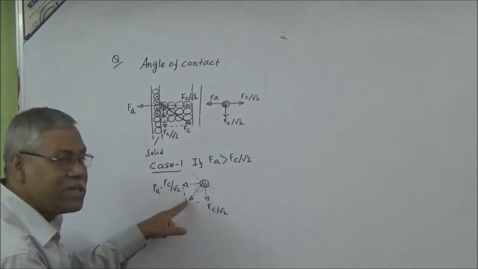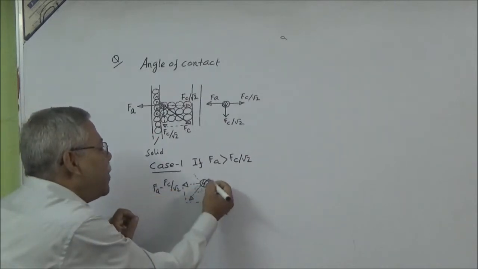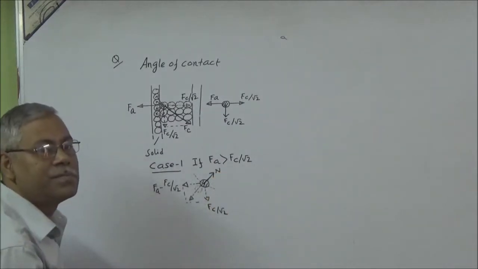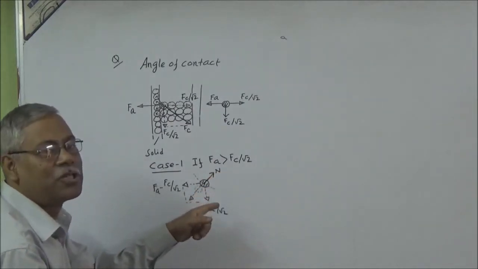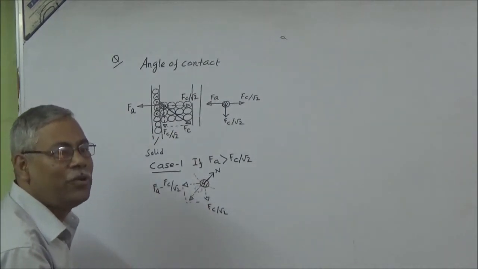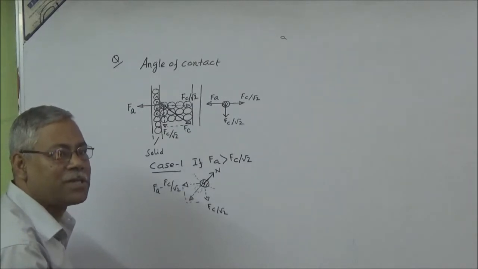In order to balance this force, what will this molecule do? This will exert a normal force on this, and if this be the normal force, what will be the shape of the surface? All of you know that normal force is always perpendicular to the surface.